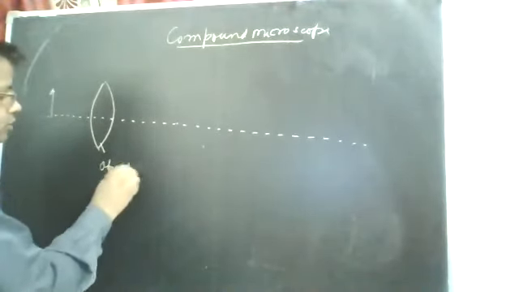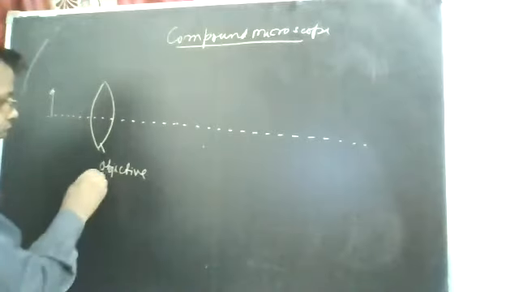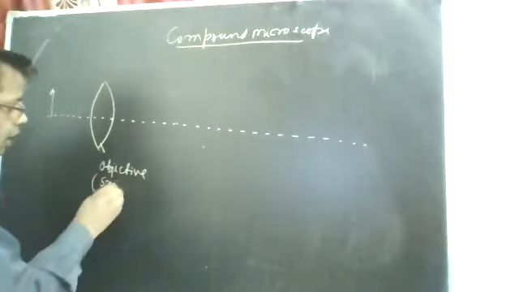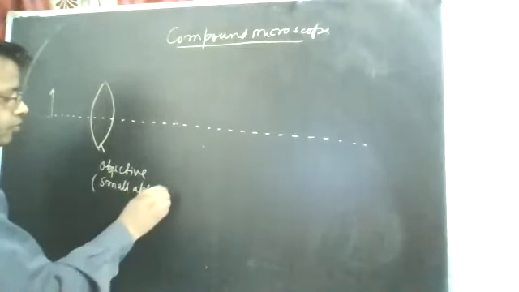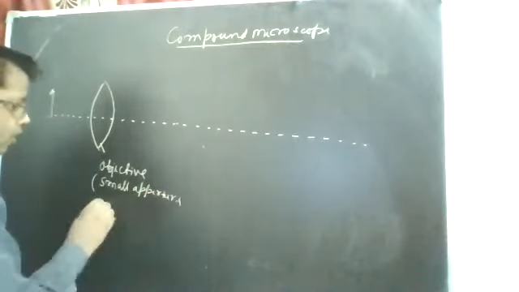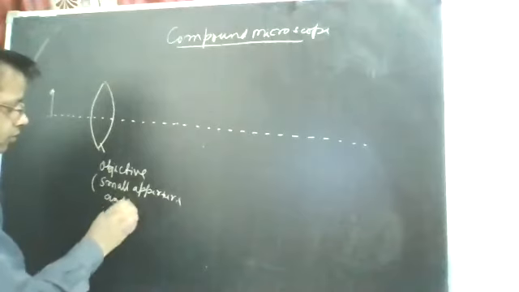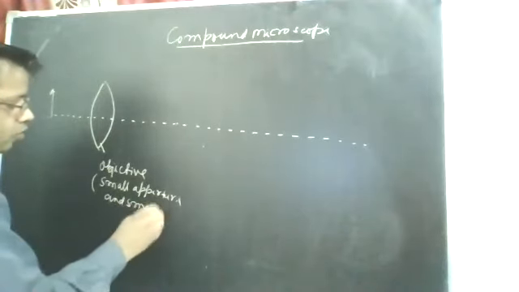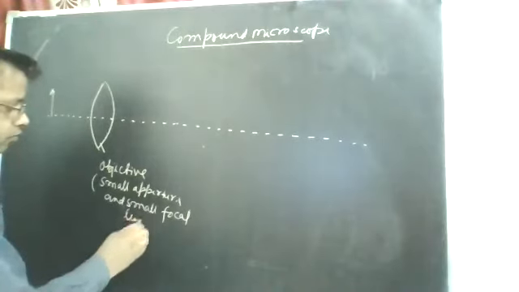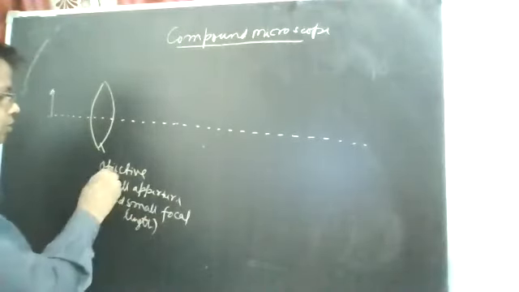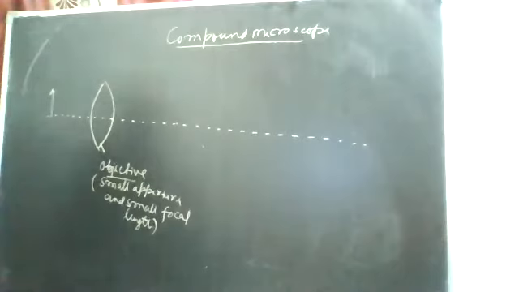What are the characteristics of this lens? Small aperture and small focal length. Why? Because the object is already very small.